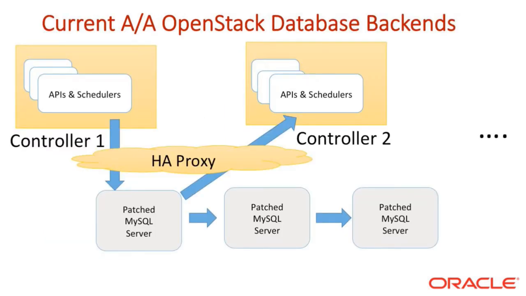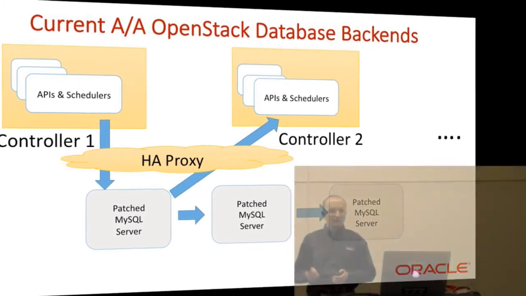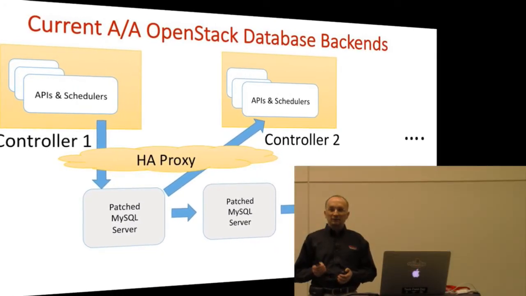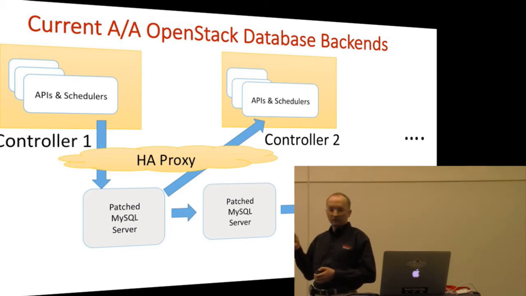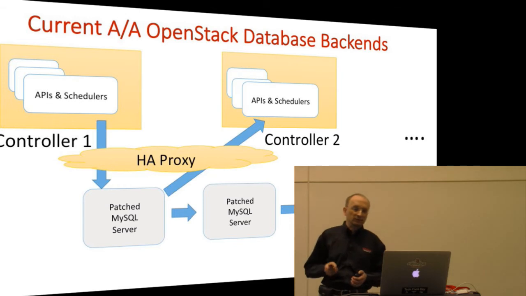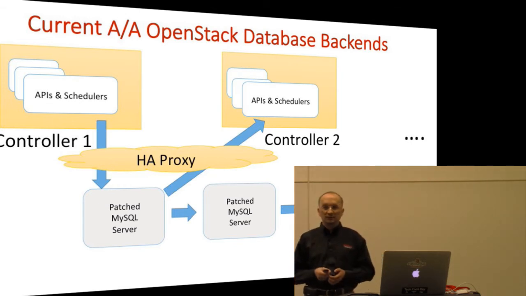And currently in OpenStack, if you look into the OpenStack manual, we have actually one or two solutions. They are very similar. We have a patched MySQL server with some replication patches inside. If you check the diagram, we have, for example, two controllers trying to talk to the database.